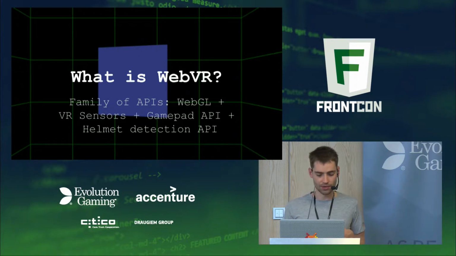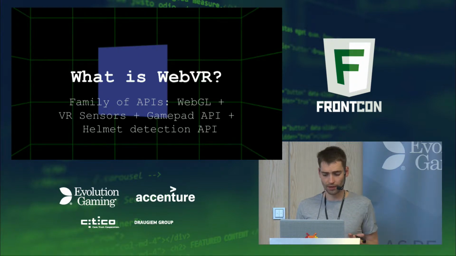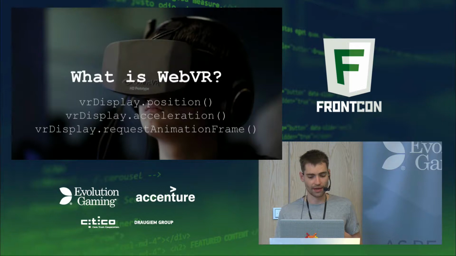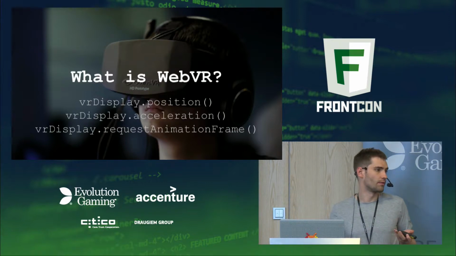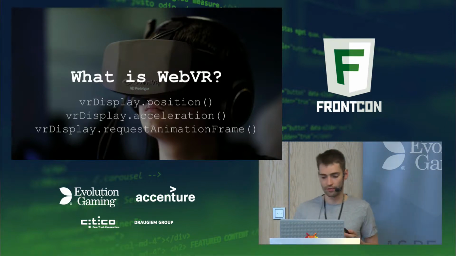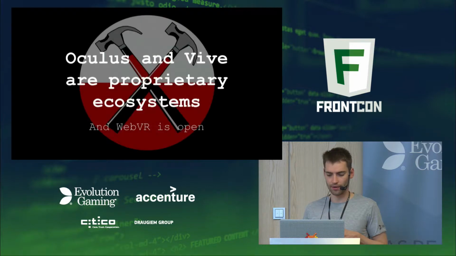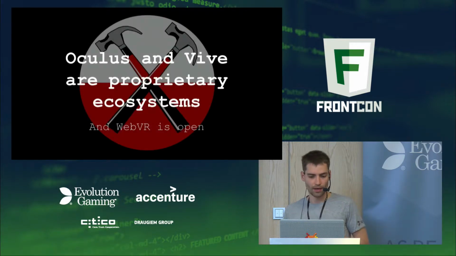It is a set of APIs to work with virtual reality devices, and it includes WebGL, of course, to display an image, and then a set of APIs to get data from VR sensors. There are some really nice things like VR display request animation frame, because request animation frame for a display and for a virtual reality helmet are different. And of course, you can get the position and acceleration of your helmet to reflect it in virtual reality.